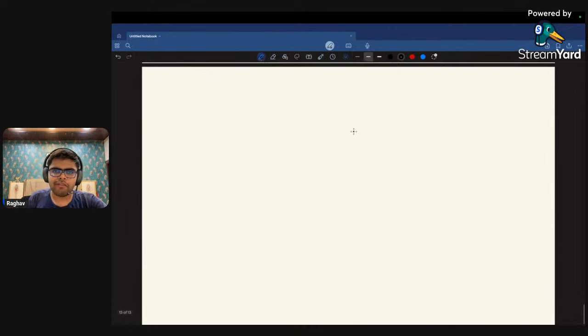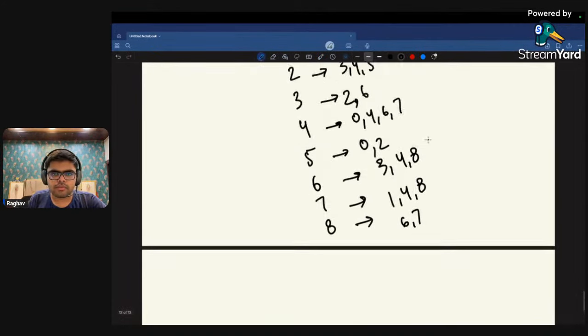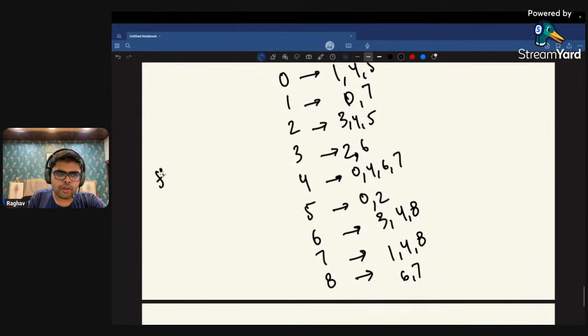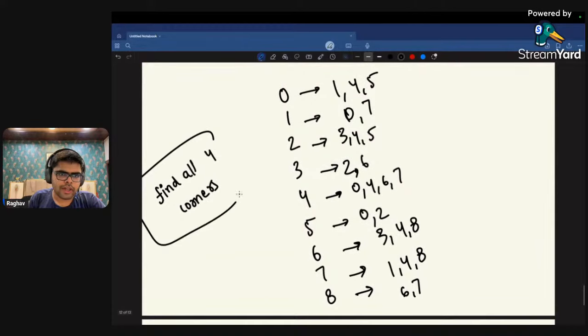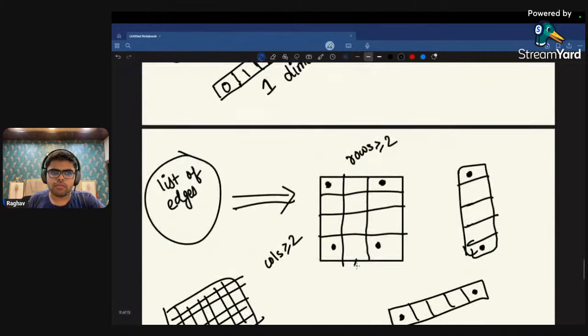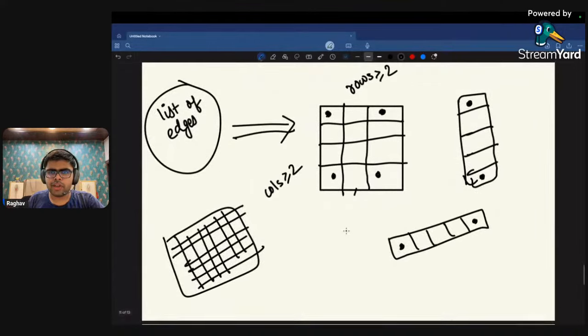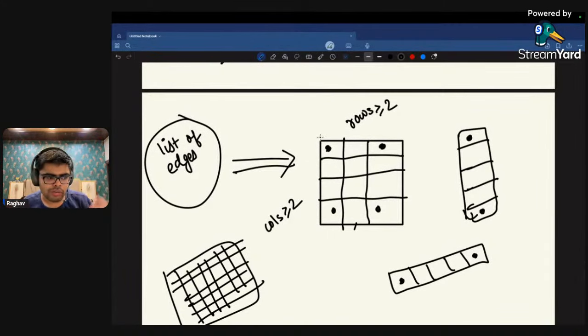So can I say I will be able to find out all four corners? I can easily find all four corners, right? At the same time, we don't really know whether we will always have four corners.